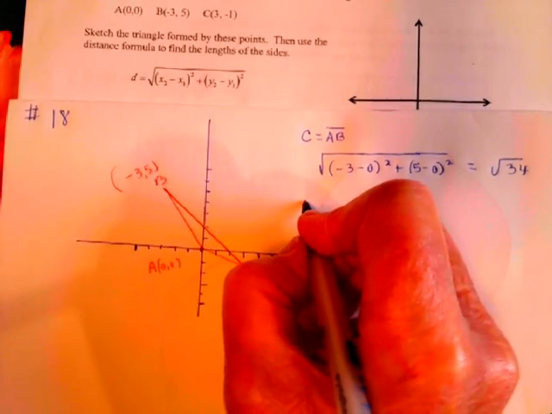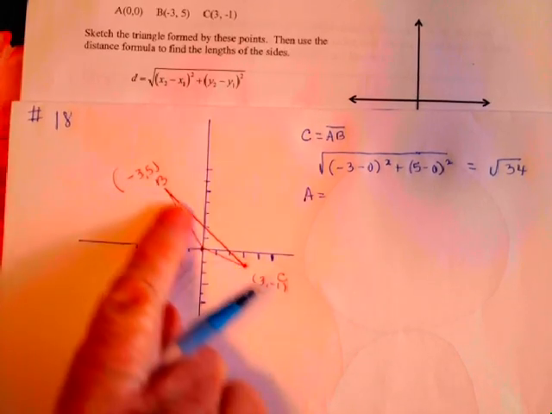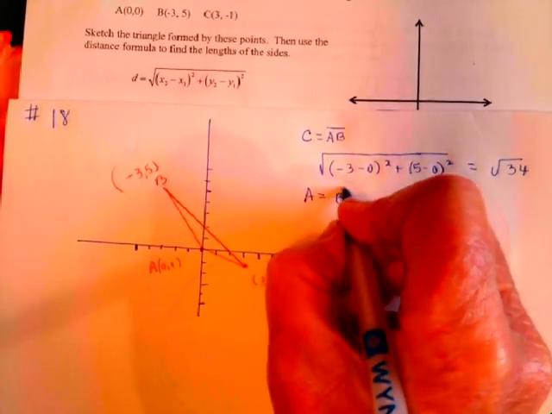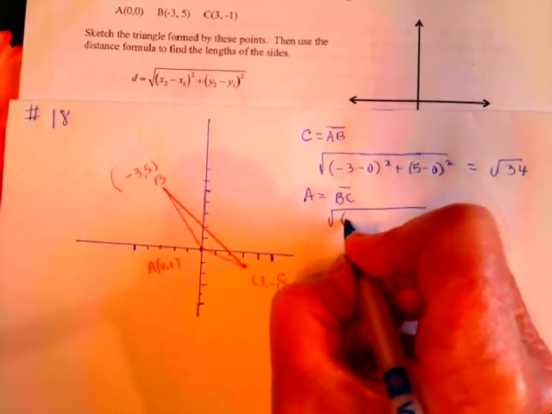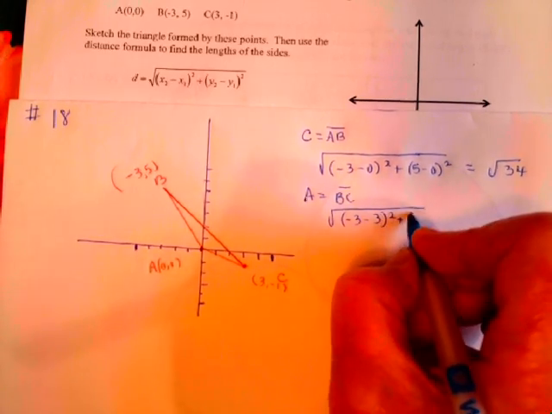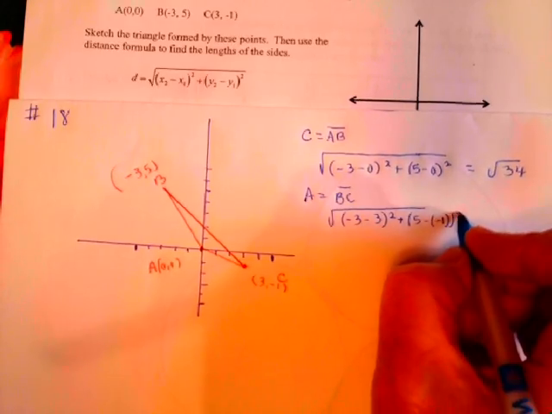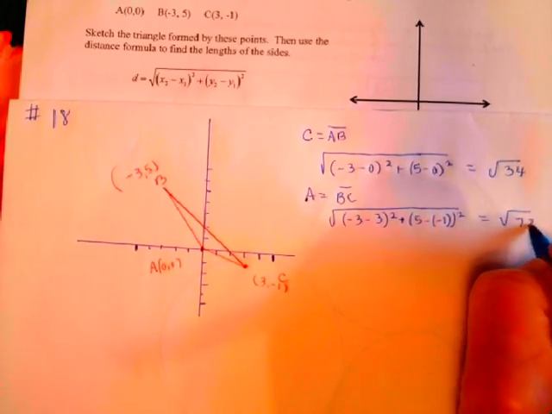If you want to know the length of side A, side A is the distance from B to C. So it's the length of line segment BC. It is negative 3 minus 3 squared plus 5 minus negative 1 squared. Works out to be the square root of 72.